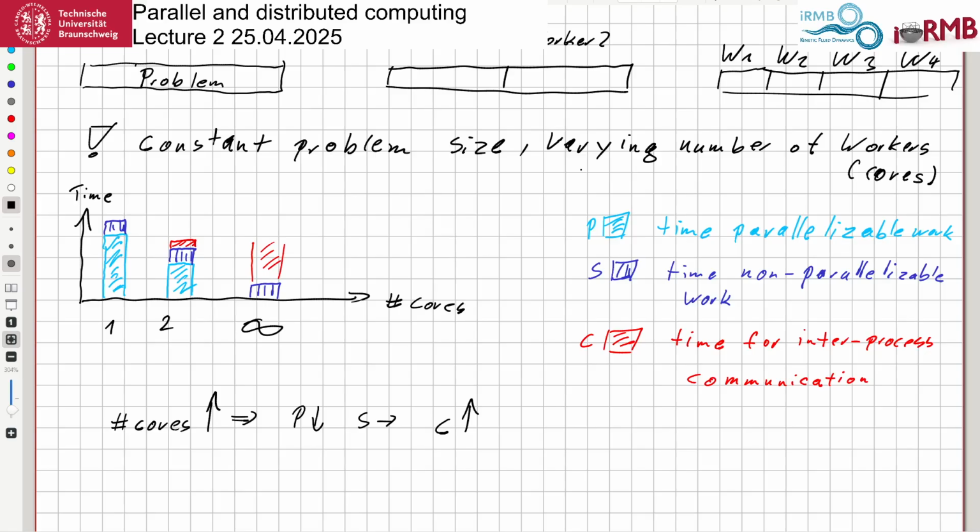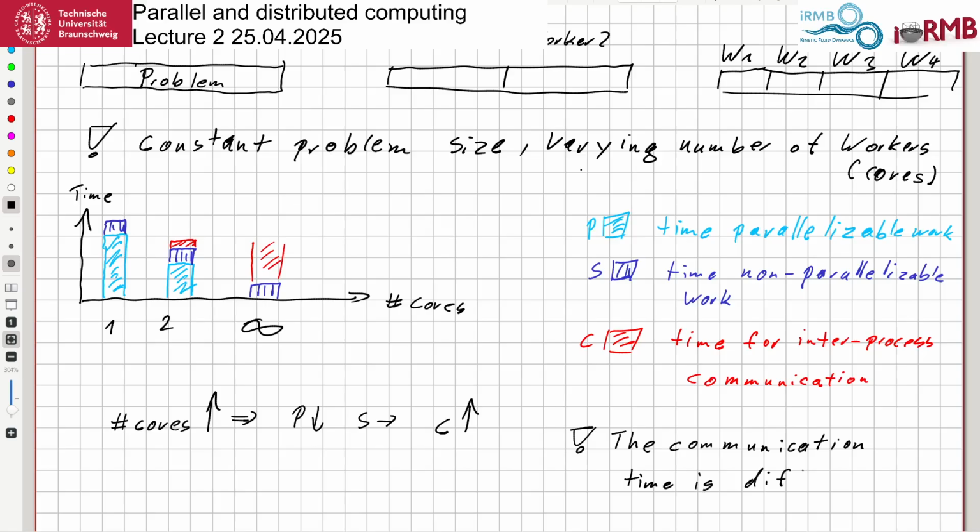So now in the simple theory that we want to have a look at, the communication is usually ignored. I mean, there are also problems that don't require a lot of communication.